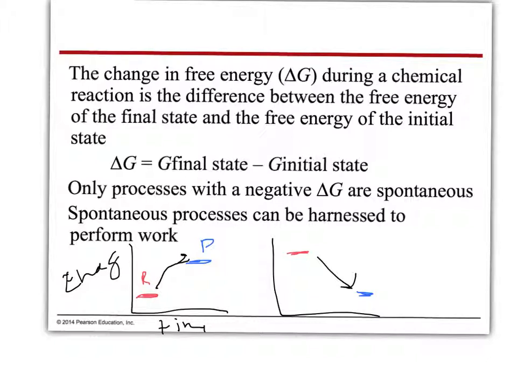So there's higher entropy if they're spontaneous. Let's not say that. Let's say if there's a negative free energy.